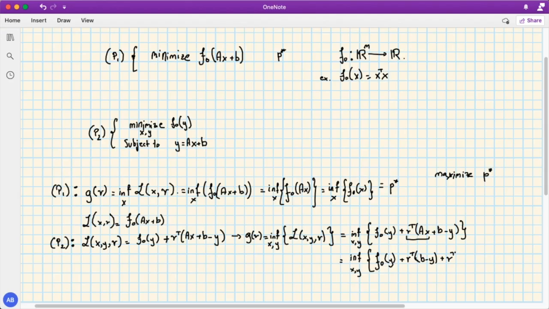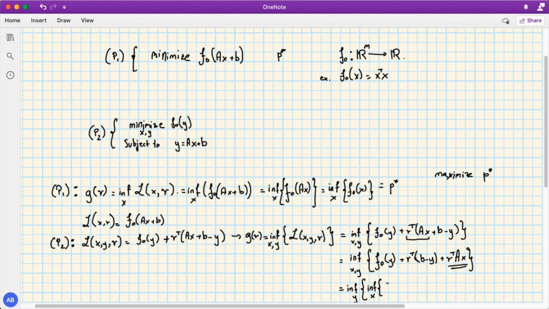This is the only term that depends on x. So why not do this? First, an infimum over y, right? And then an infimum over x of the same quantity, right?